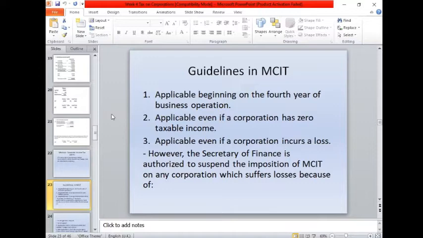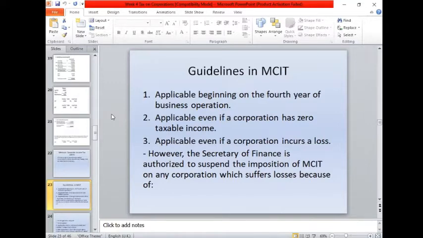But if the corporation is only operating from 0 to 3 years, or more than 3 years but not yet 4 years, those corporations are still not subject to minimum corporate income tax.